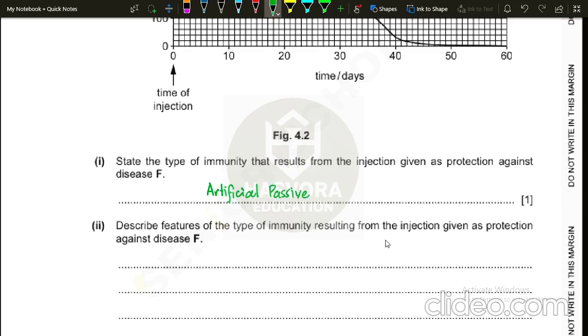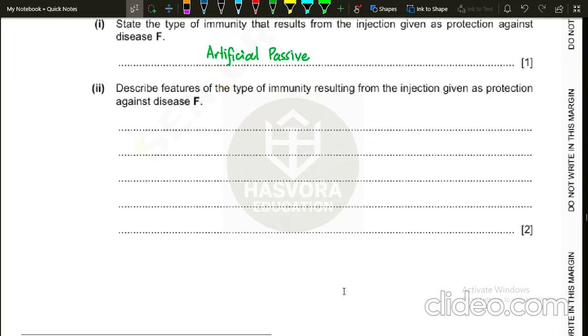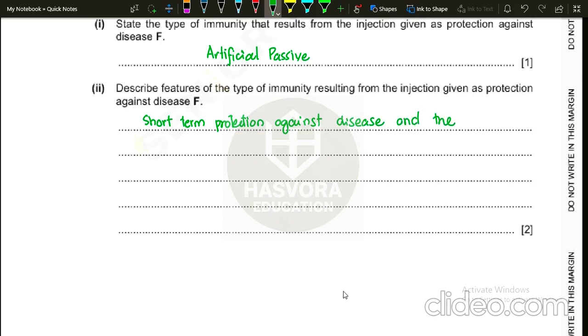So the type of immunity will be artificial passive immunity. Describe the features of the type of immunity resulting from the injection that gives us protection against disease F. So this is a short term protection against disease, and the antibodies are destroyed.